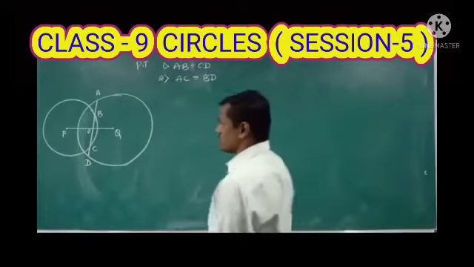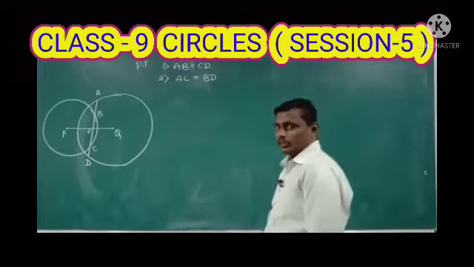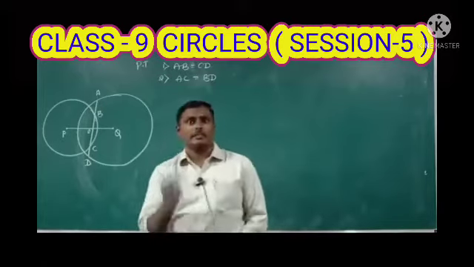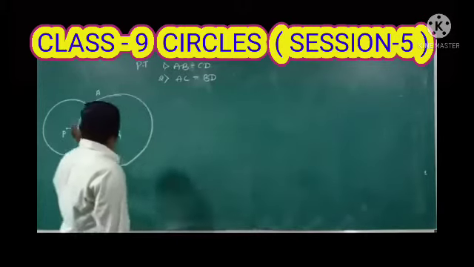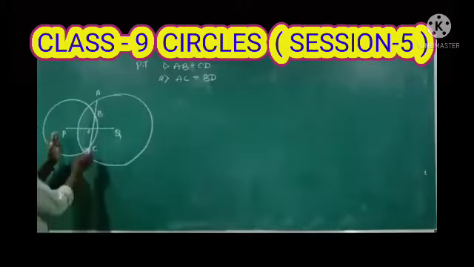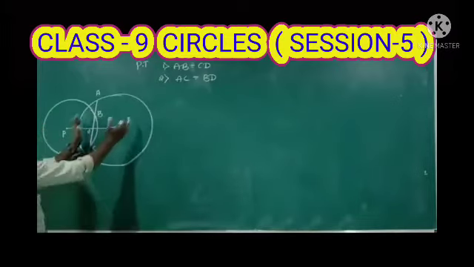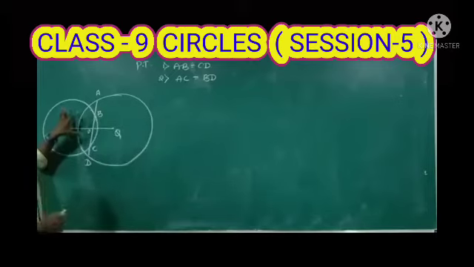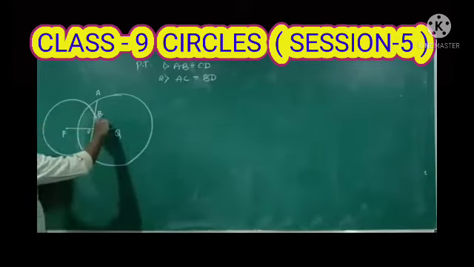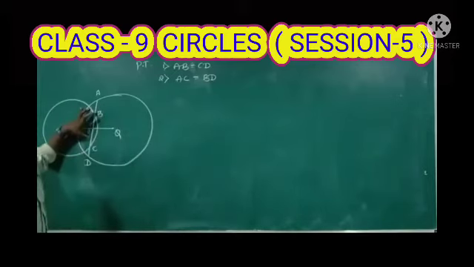to CD, right? So these type of questions we already discussed in the previous session. Listen here. First consider either you can take the smaller circle or larger circle. Take any one circle. If you are taking the smaller circle, this BC acts like a chord.